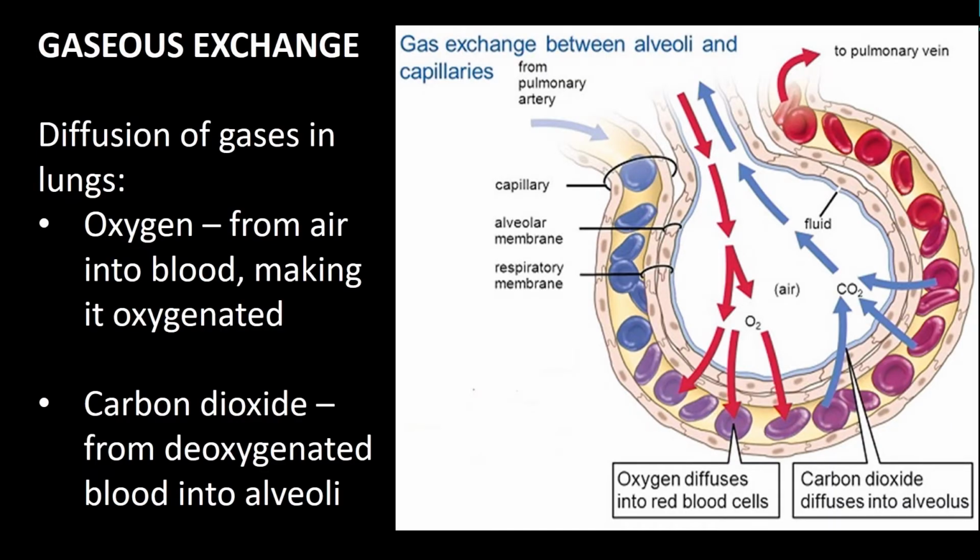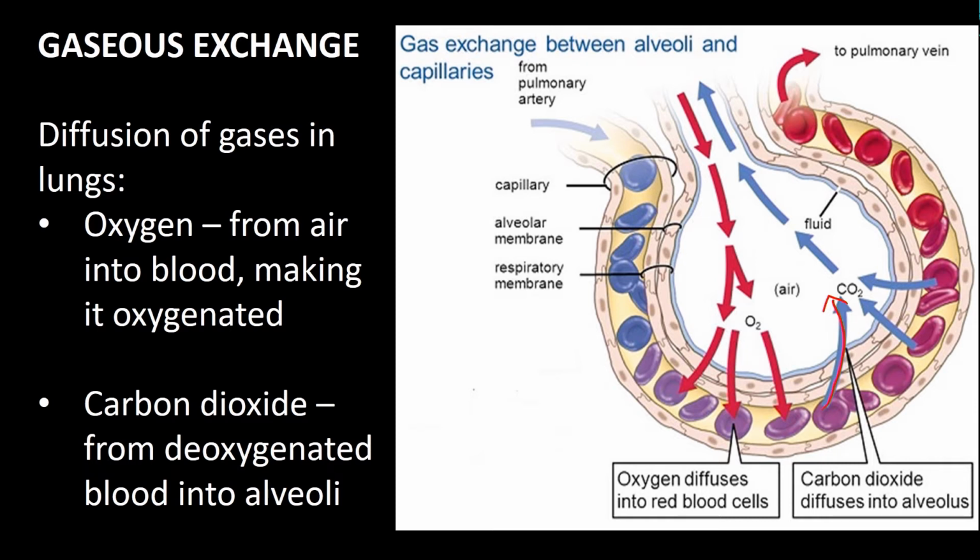At the end of the last section, we're looking at this picture, which is showing in the red arrows how oxygen diffuses into the blood, and blue was showing how carbon dioxide diffuses out of the blood.